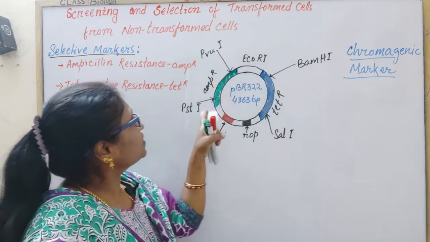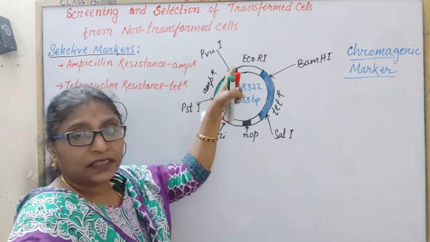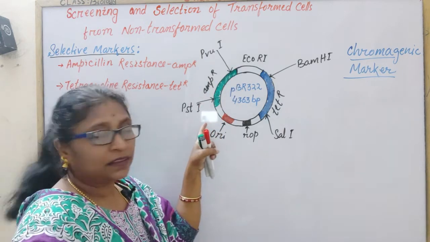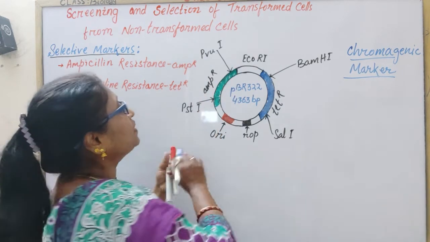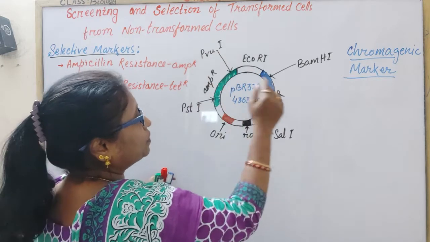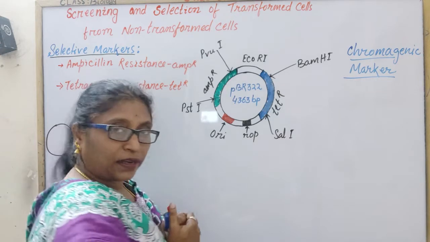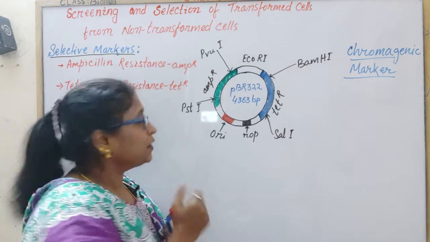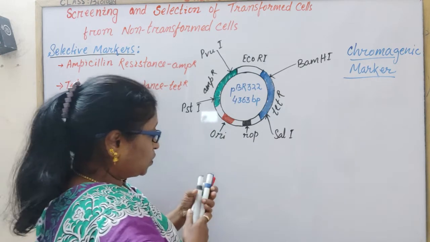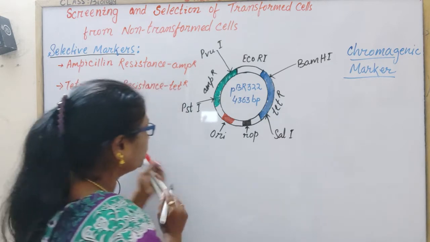These are the different specific restriction sites. Within AmpR there are PstI and PvuI, and within TetR the BamHI and SalI restriction sites are there.